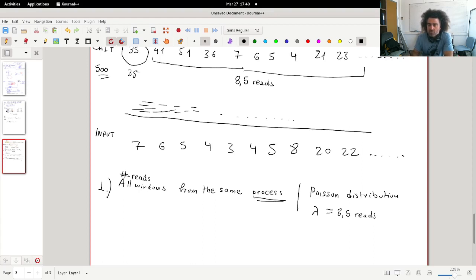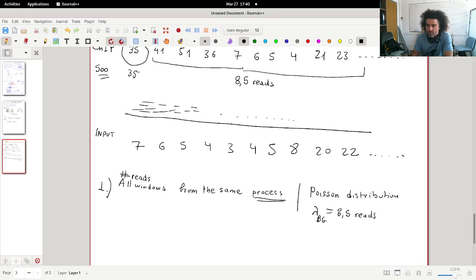So if we would assume that every number of reads in a window comes from the same process, which is our null distribution, this should be a Poisson process with 8.5 reads on average.